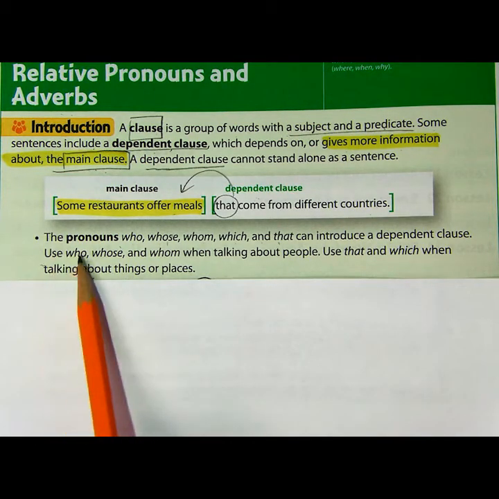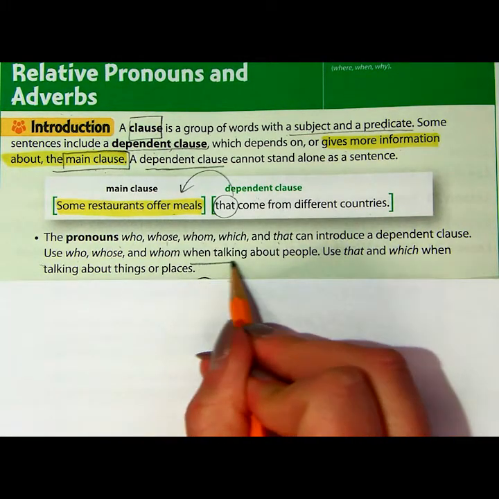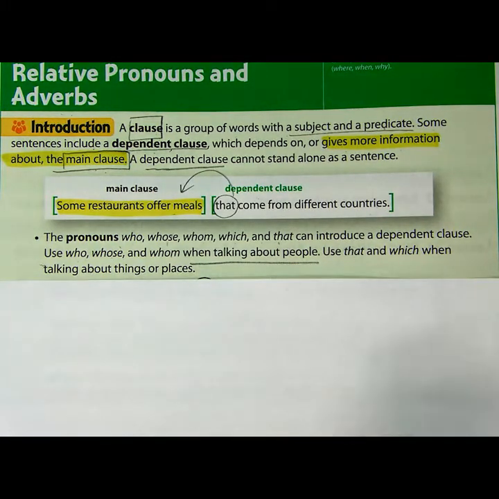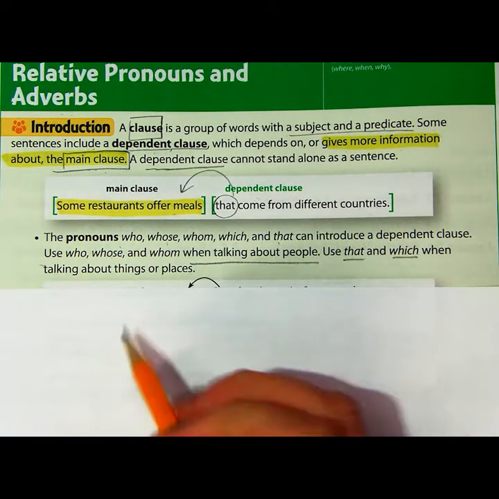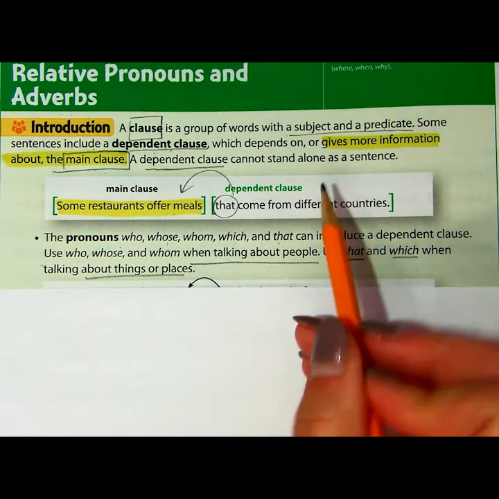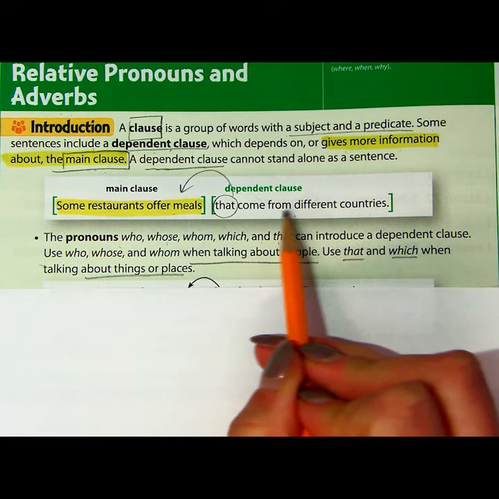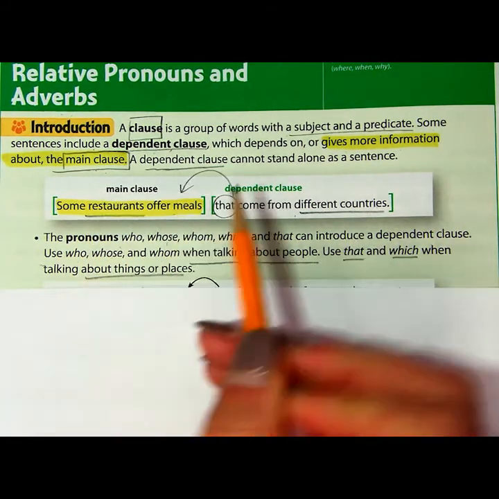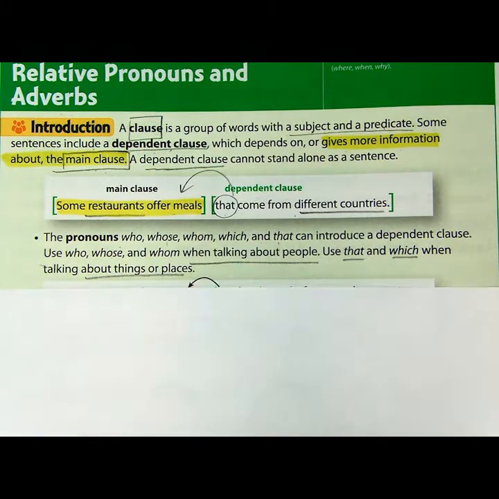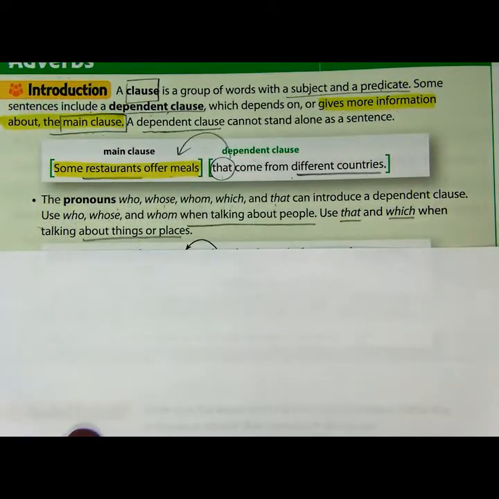When we use words like who, whose, and whom, we're talking about people. Now, that makes sense. When we use words like that or which, we're talking about things or places. For example, in this first sentence, we're talking about restaurants and we're talking about different countries. So, places. So we use the pronoun that. I know it's probably still a little bit confusing. I promise it'll get better as we go through examples. Stay with me.